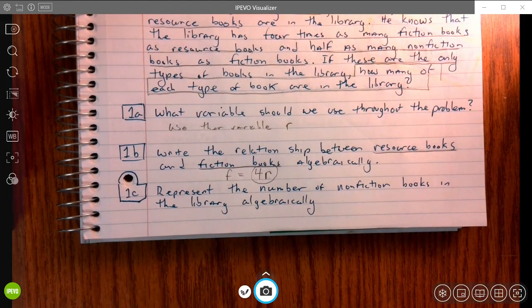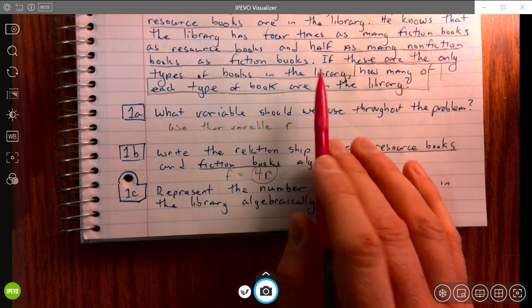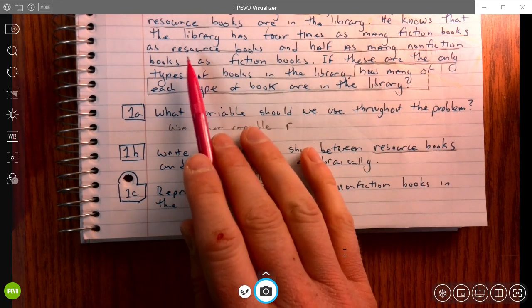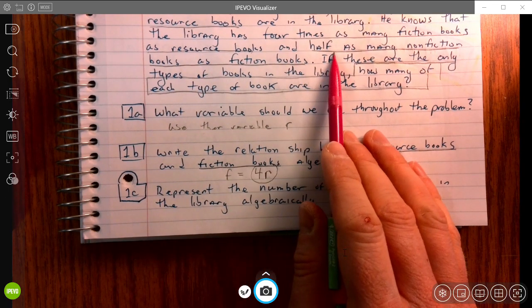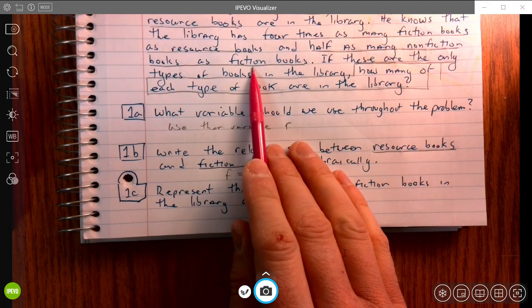Question 1C says, represent the number of nonfiction books in the library algebraically. So if we're going to represent the number of nonfiction books in the library algebraically, right, let's go back to the question. There are half as many nonfiction books as there are fiction books.